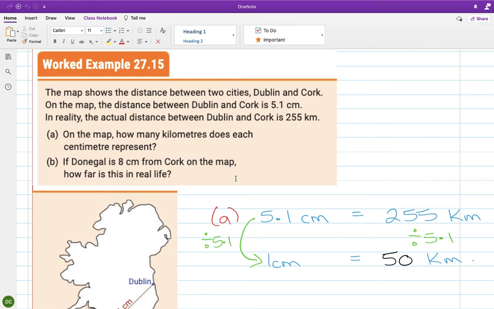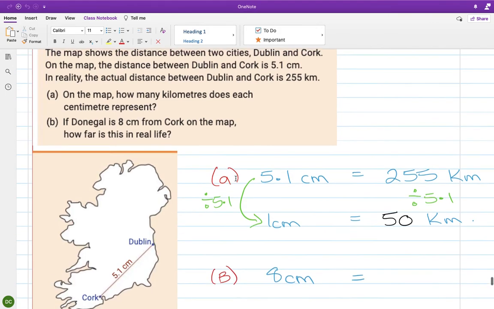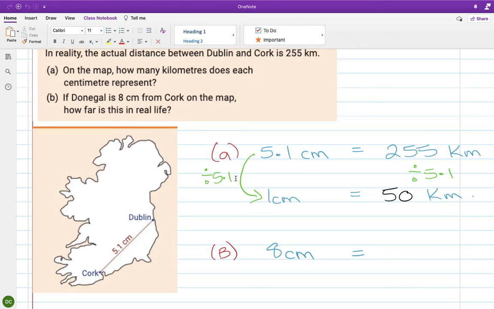Okay? So then, Donegal, if Donegal is 8 centimetres from Cork on the map, how far is it in real life? Okay, so Donegal is 8 centimetres. And we know that 1 centimetre represents 50 kilometres.